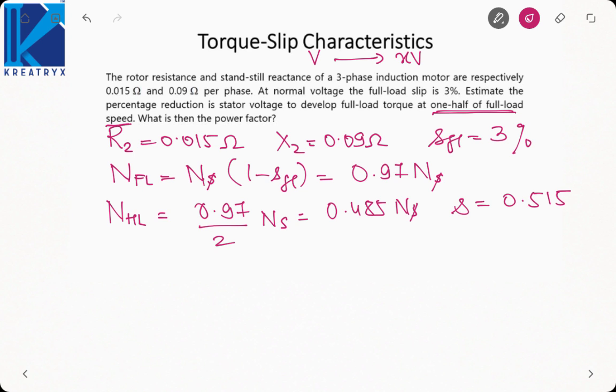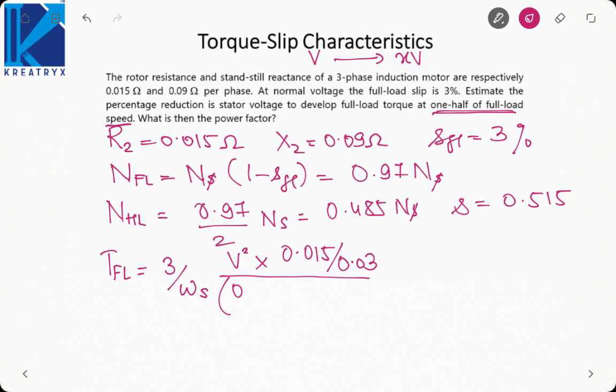Is it fine? So what happens? Full load torque, what it will be? 3 by omega S V square R2 0.015 by S is 0.03 by 0.015 by 0.03 square plus 0.09 square.